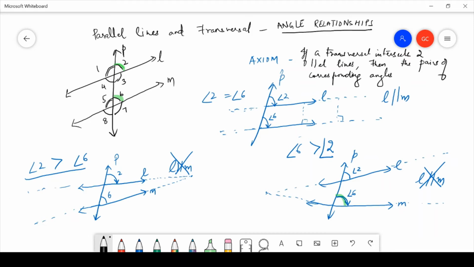So are 3 and 7. Okay, the pairs of corresponding angles formed are equal.